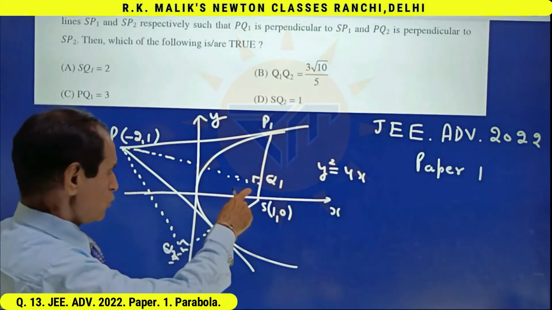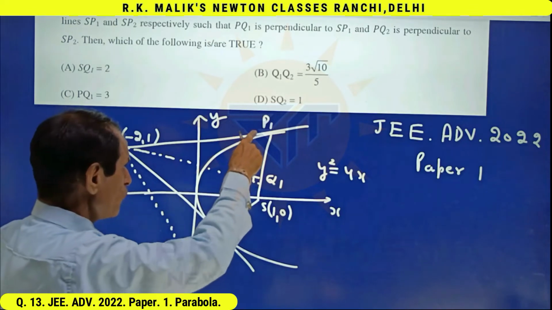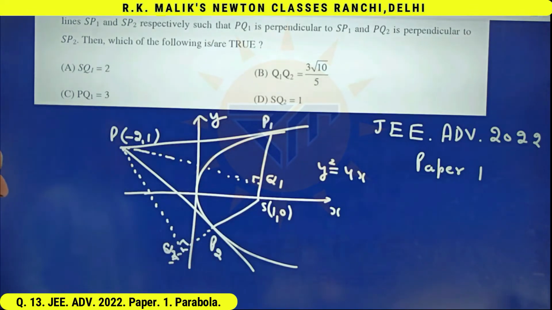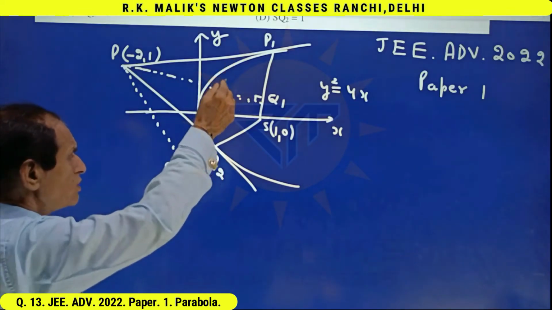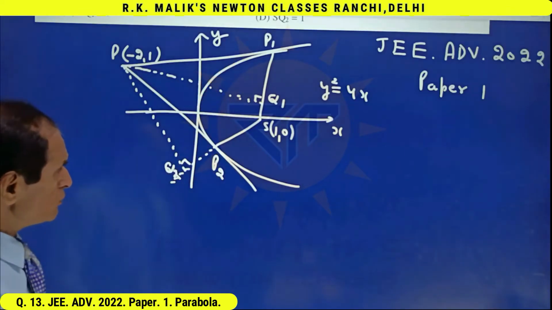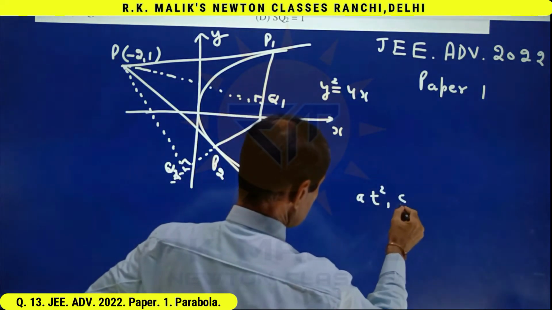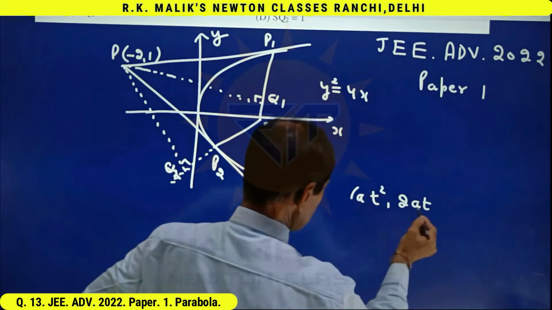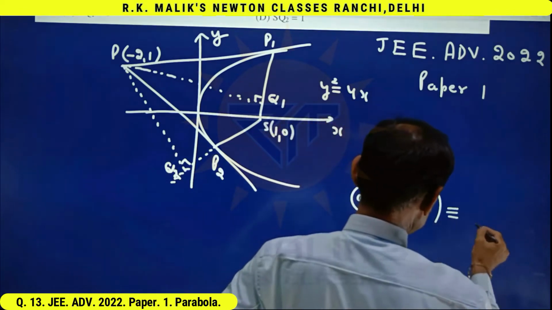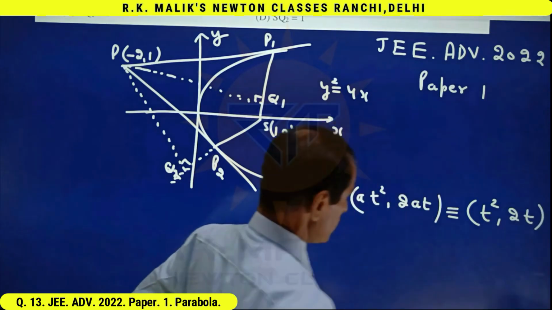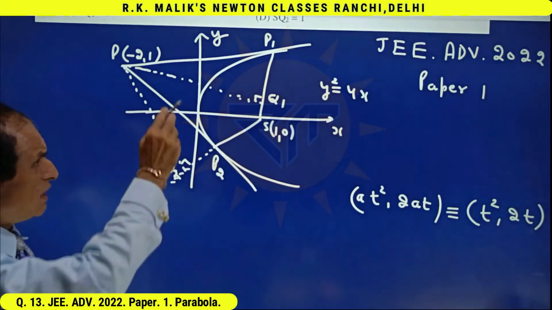For finding the points Q1 and Q2, first of all we will require the coordinates of P1 and P2. To find the coordinates of P1 and P2, let any point on the parabola be (at square, 2at), which will become (t square, 2t) because a is 1.